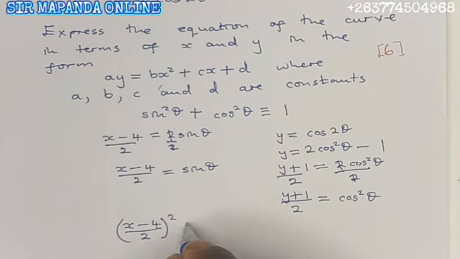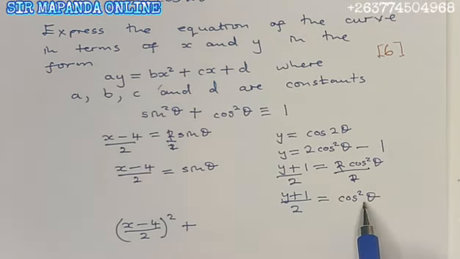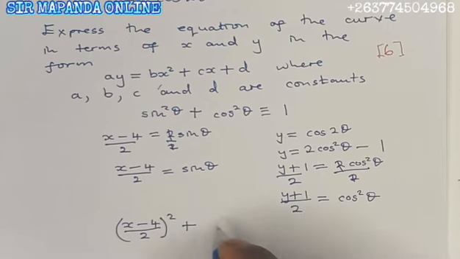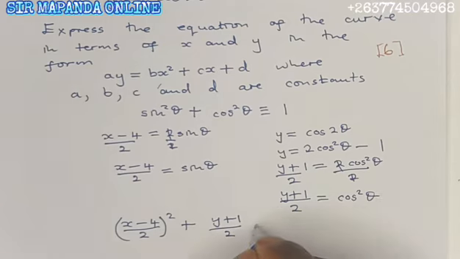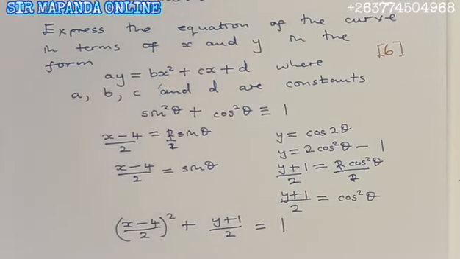But the situation is going to be different for cos squared theta. Since cos squared theta was found as y plus 1 over 2, you are not going to square this. You are going to leave it as it is, since it is squared already. Then equate to 1. I hope you are following, class.